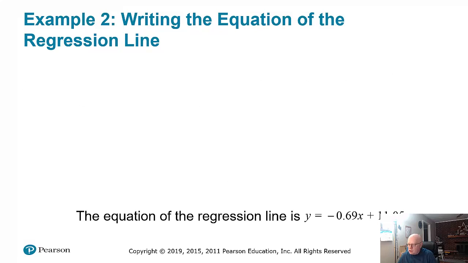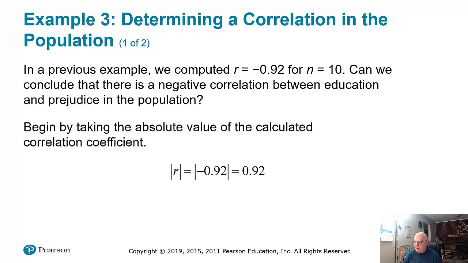So there's the equation of your regression line. Cut off some of those extra decimals if you like. Keep about to the hundredths place and you'll be fine. And last of all, we can take the absolute value of that correlation coefficient, as I mentioned.